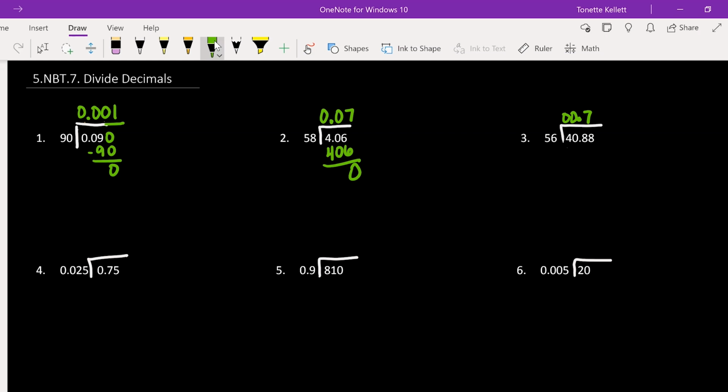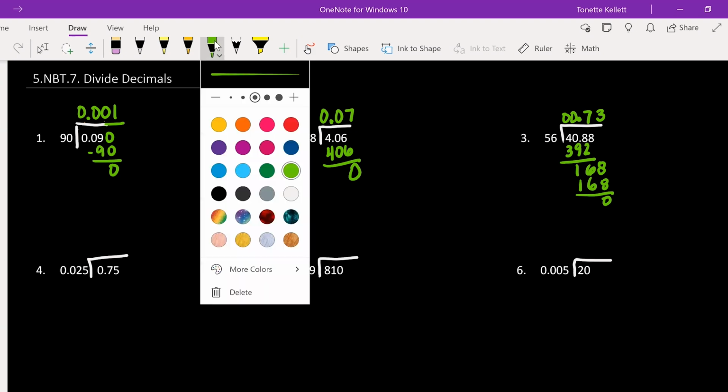That's 392. 16, bring down the 8. 56 goes into 168 3 times. That's 168. All right. So 73 hundredths is that answer.